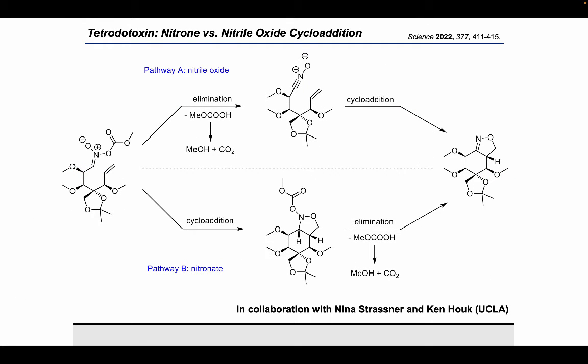We realized that 2 pathways existed for the cycloaddition. Either the Boc nitrone performs the cycloaddition and is then eliminated, which is depicted as pathway B, or a direct elimination occurs that generates the nitrile oxide, which performs the cycloaddition as depicted in pathway A. To enable an efficient computation, our collaborators from the Houk lab used a simplified model system, which replaced the benzylic residues and the tert-butyl group of the carbonate with methyl substituents.